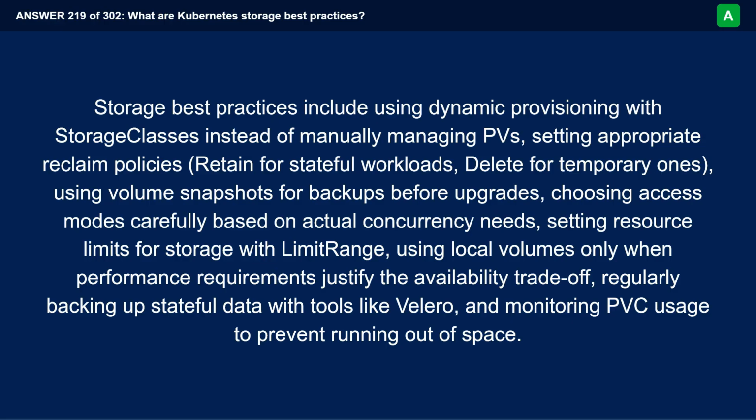Using local volumes only when performance requirements justify the availability trade-off, regularly backing up stateful data with tools like Velero. And monitoring PVC usage to prevent running out of space.